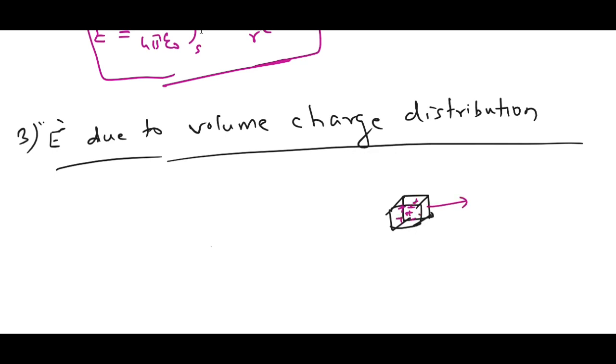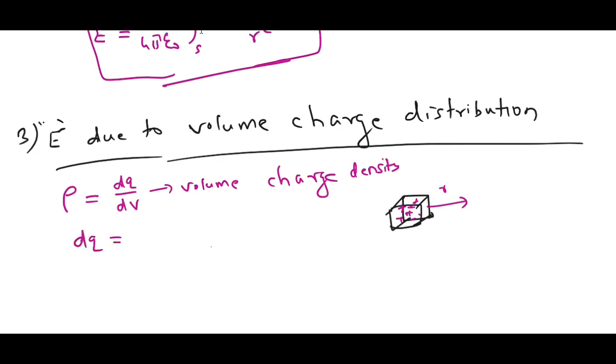I need to find the electric field at a distance r. Then the charge density is defined as rho, charge per unit volume. This is the volume charge density. Then this dq can be written as rho dV.